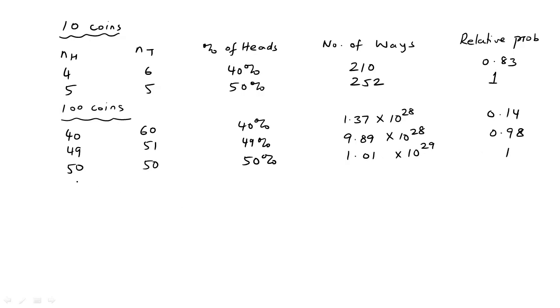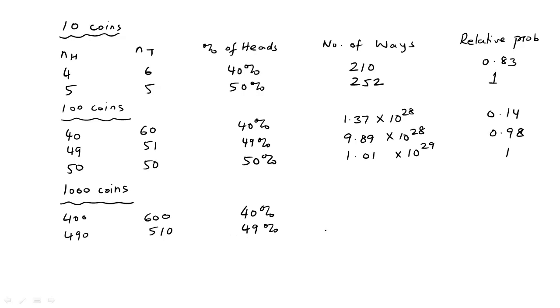Now we'll write the results for 1000 coins, and before I write the results, for practice, it'll be great if you could do this yourself. So pause the video here and calculate the probability of getting 40% heads with 1000 coins, that is 400 heads and 600 tails, and similarly calculate the probability of getting 49% heads, that is 490 heads and 510 tails with 1000 coins.